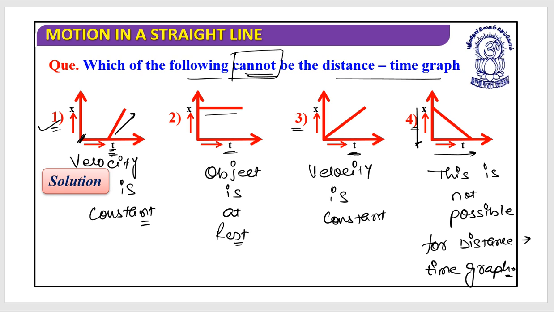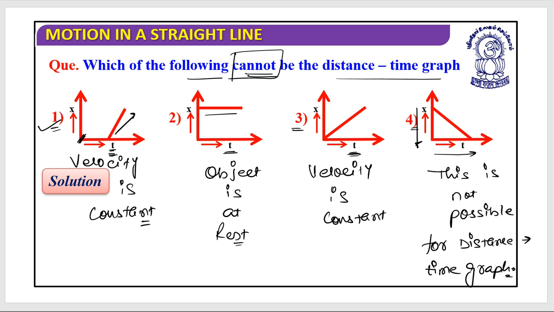Okay, but listen to me carefully. Would the fourth option be possible if they had asked displacement versus time? Yes, absolutely, because there might be cases where displacement decreases as time goes on.